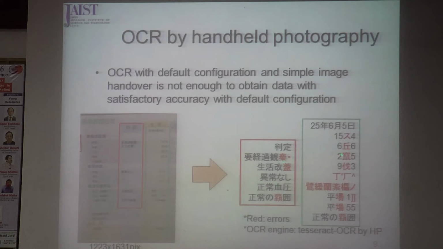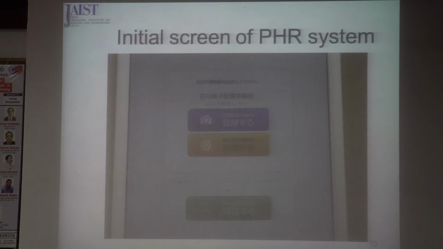These red letters correspond to errors in optical character recognition. Therefore, easy application of optical character recognition will result in so many errors to be corrected by human work. So this is another issue, showing that the simple application of ready-made optical character recognition will not be a solution.